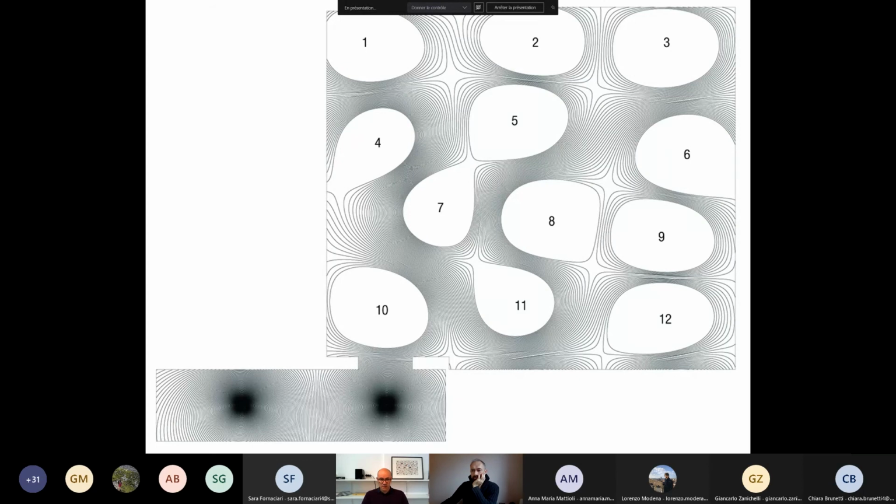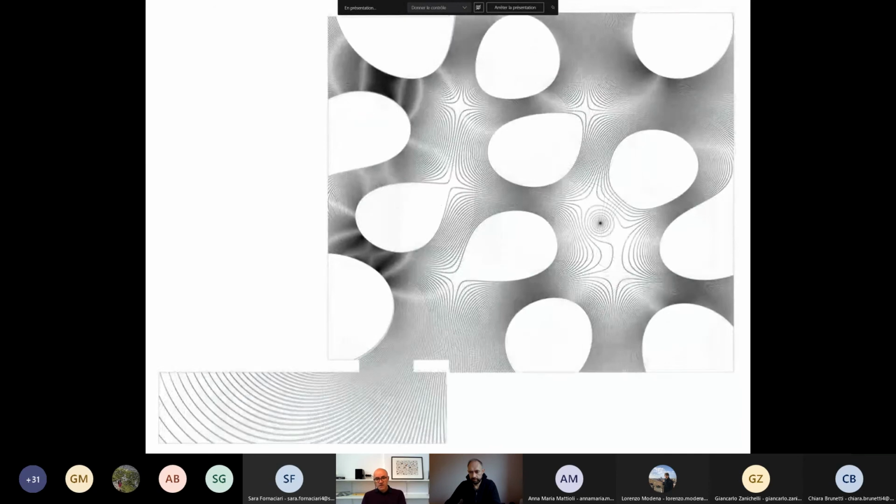It's up to you, you can call it the way you want. Each of these 12 zones, 12 areas, were supposed to have the same surface, 45 square meters. And we used Mathematica, working in close collaboration with a mathematician at Paris University, Marie-Ange Tessier.